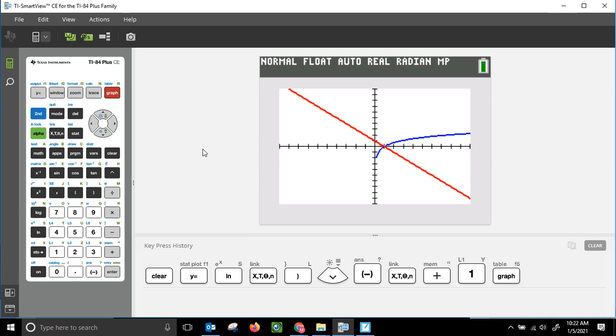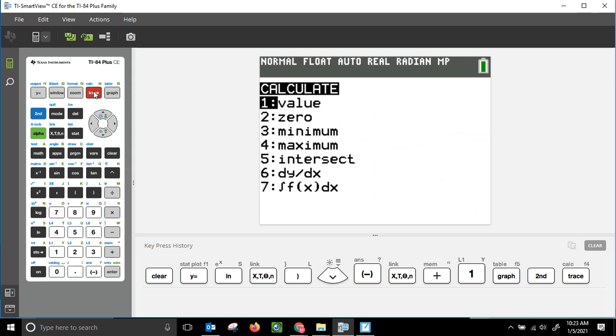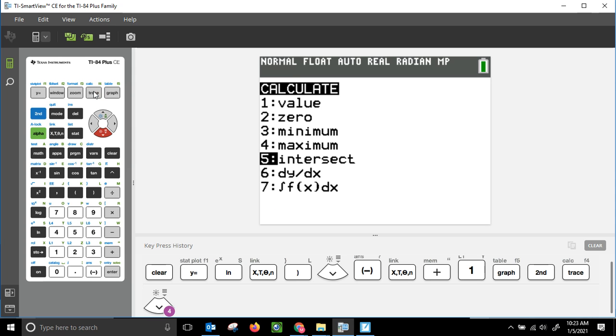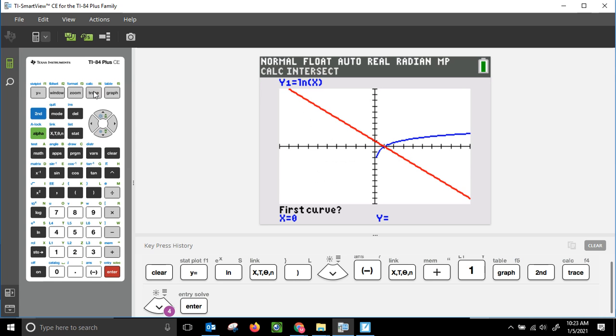And of course, we can use our intersect function. So we hit second trace to go to our calculate menu. We're obviously looking for an intersection, so we go down here to the fifth option. It asks for the first curve. You just move your cursor pretty close to where they intersect, hit enter. It asks for the second curve, hit enter again.